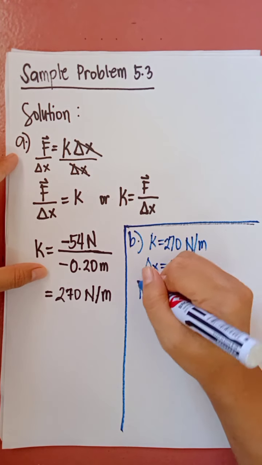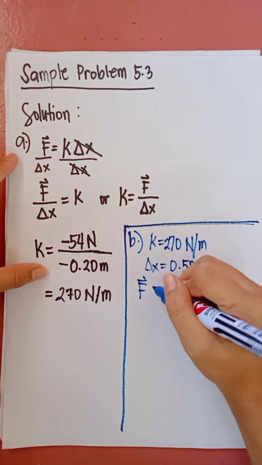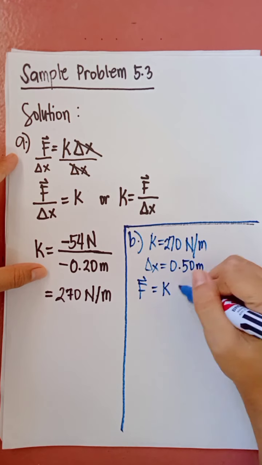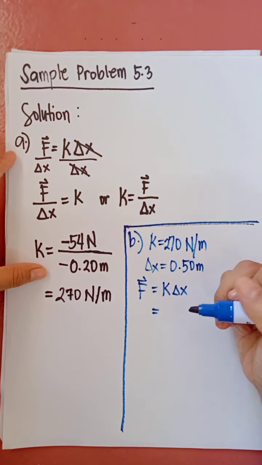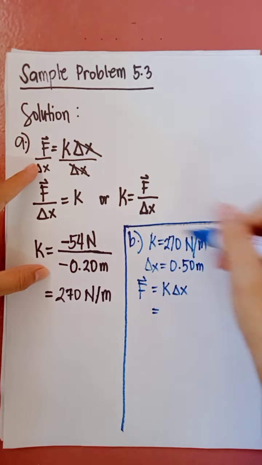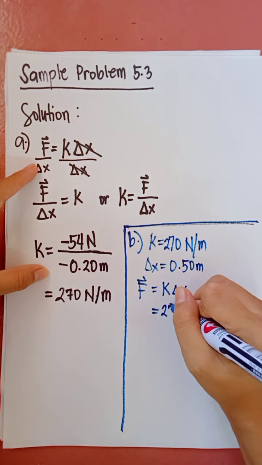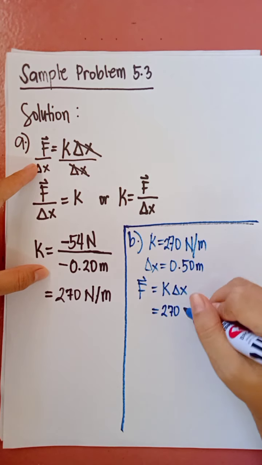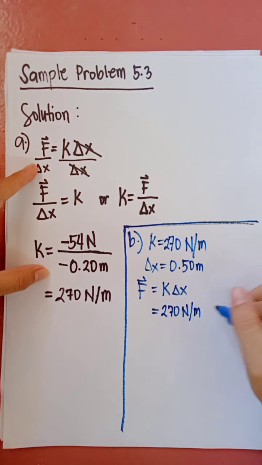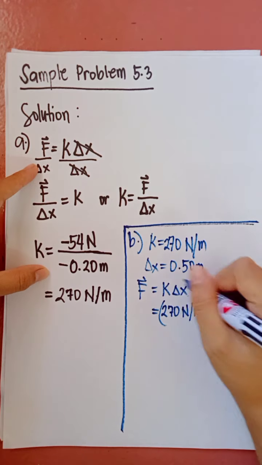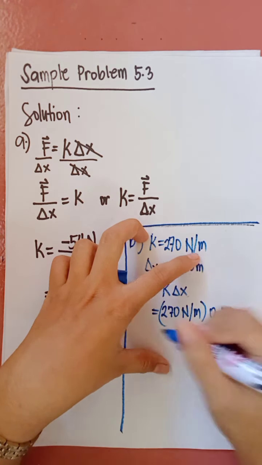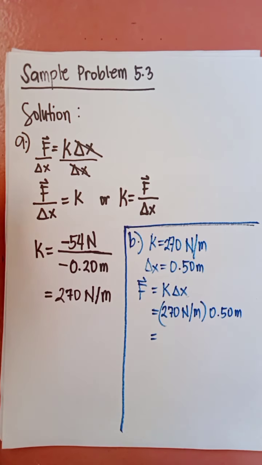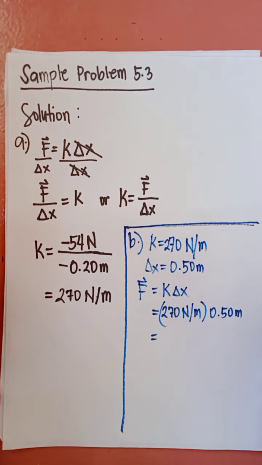Now in equation 5.2, we directly substitute these values right here. For K, we have 270 newtons per meter. Multiply that to delta X, which is 0.50 meters. We get half of 270, which is 135.